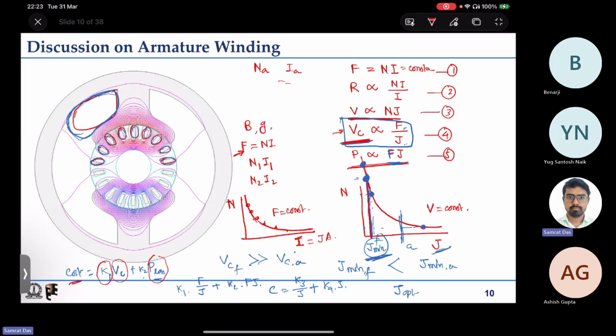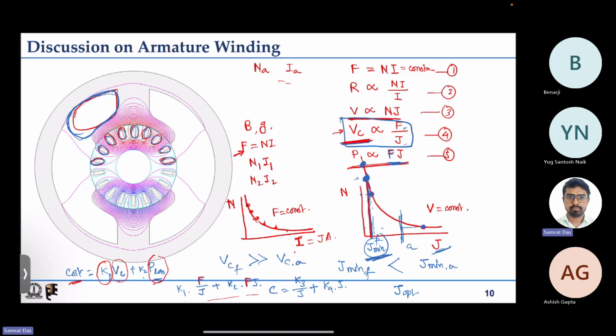You want to reduce the rupees, you want to have some optimization variable, which is J, the current density in this case, because all this volume of copper and power loss can be expressed in terms of J, because F is the mmf that we want. We cannot reduce it or increase it because that is our requirement.